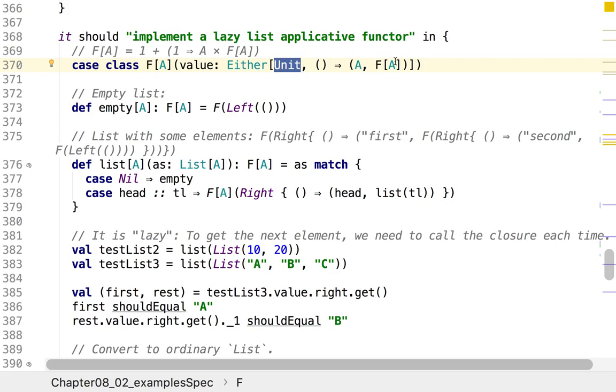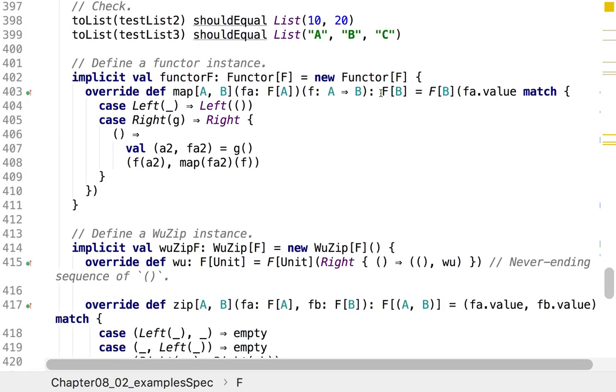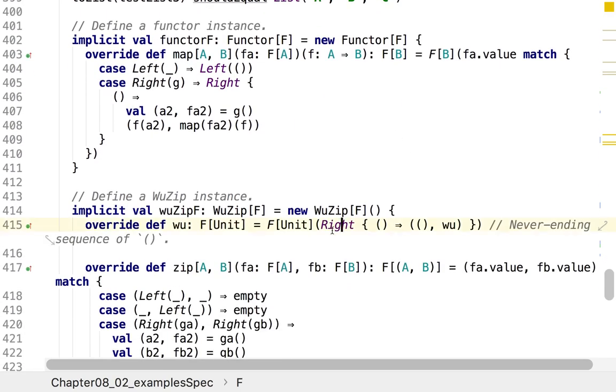If we return a right, then we could return a function that has this a, which is a unit, and then again returns the same wrapped unit. That's what we do, in fact. It's a recursive definition that, in effect, is equivalent to a never-ending sequence of unit values in the list.